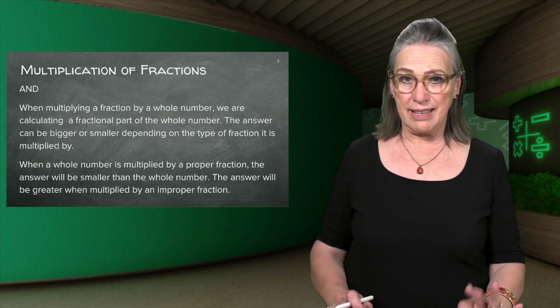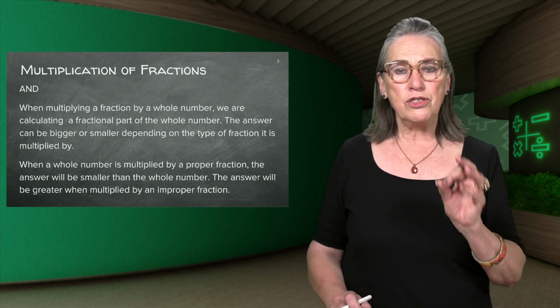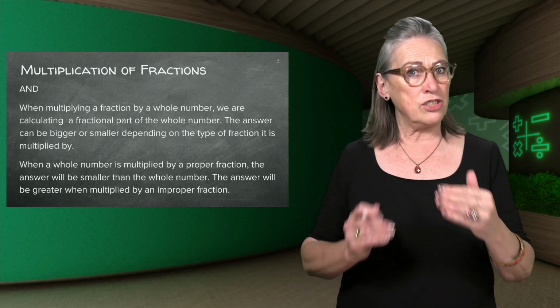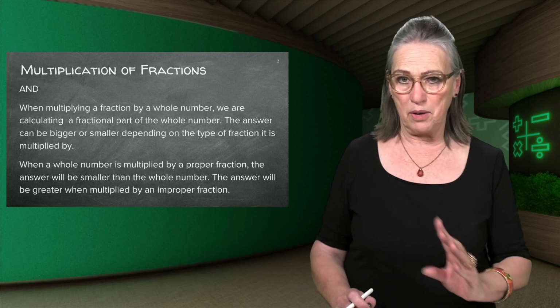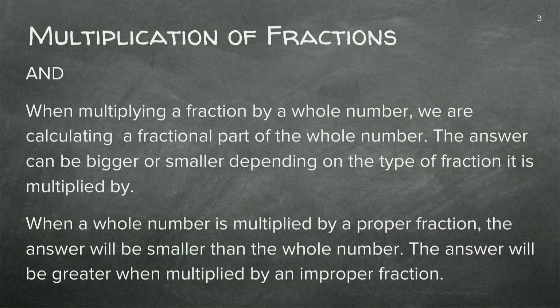And the third thing, and this is just for you to remember and to understand so that you can always check your answer. Now just follow me. So when multiplying a fraction by a whole number, we are actually calculating a fraction part of the whole number, a third of 12.